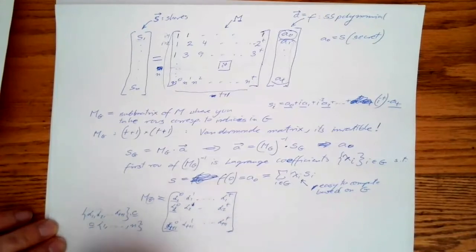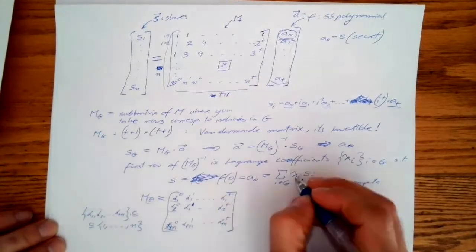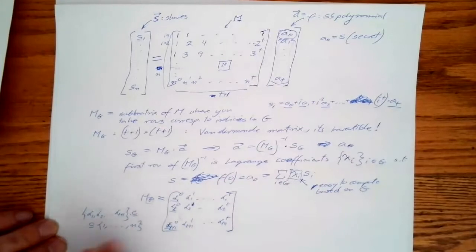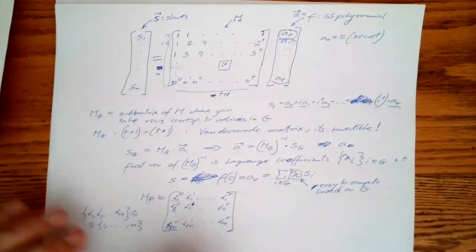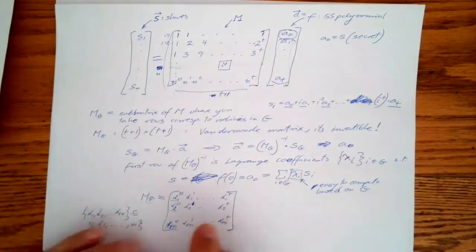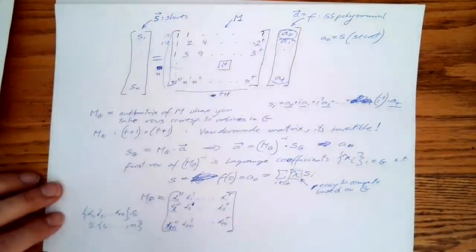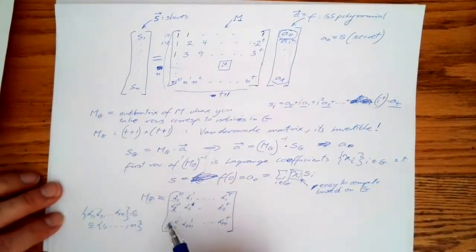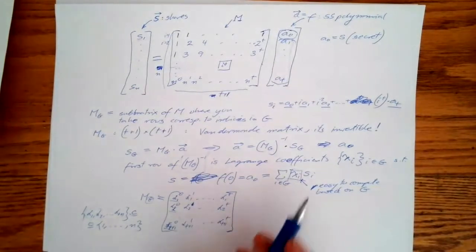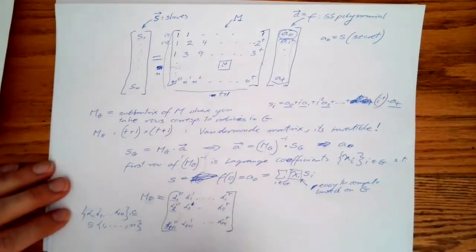Right, the shares are very asymmetric. Yes. But whatever the lambdas are, they're just defined as the first row of an inverse of this matrix. And they have a simple closed formula too.